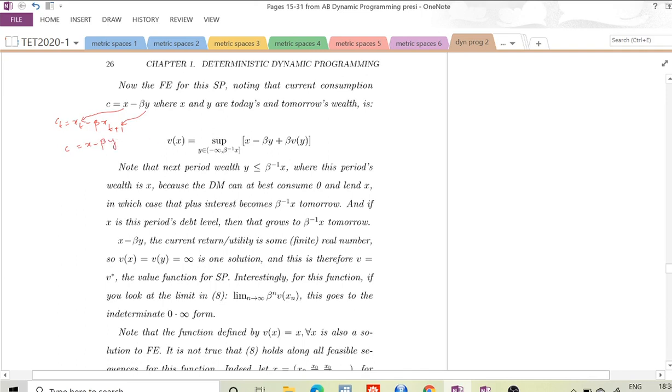Using that, I can write the functional equation for any function v to be v of x is equal to sup of consumption x minus beta y plus beta times v of y, where the next period state y that I choose has an upper bound x by beta. So what is this saying? Please notice that I had this evolution for wealth or debt.